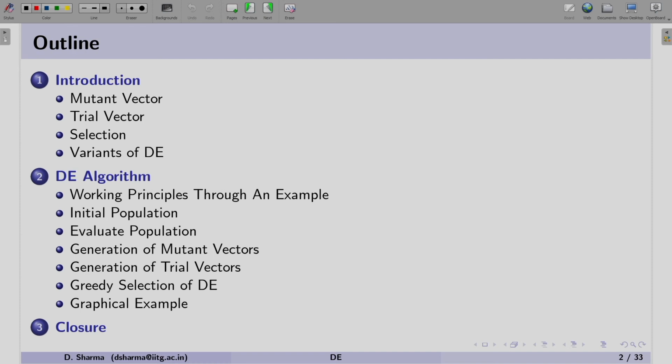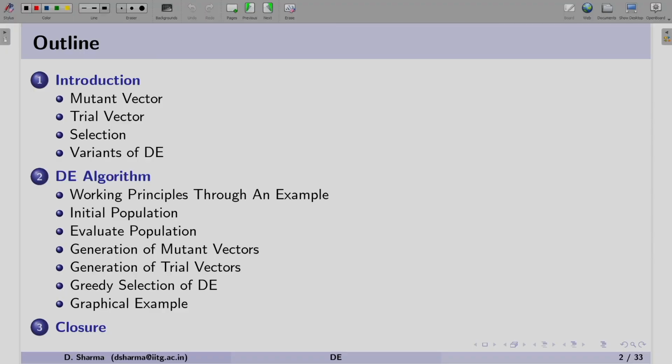All the working principles of DE we will understand, starting with the initial population generation, followed by the evaluation of the population. Then we will create the mutant vector followed by the trial vector, and then we will perform selection on these two newly generated vectors.